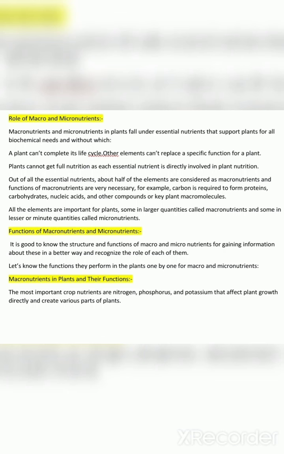See the list of macronutrients, their physiological role, and the deficiency we are going to get if we are deficient in them.